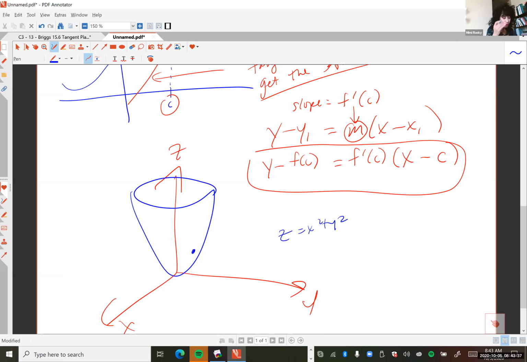And then instead of coming up with a tangent line equation, you're going to come up with a tangent plane. So I'll try to draw a plane that just kisses the surface right at that point, and it's a tangent plane to that surface.